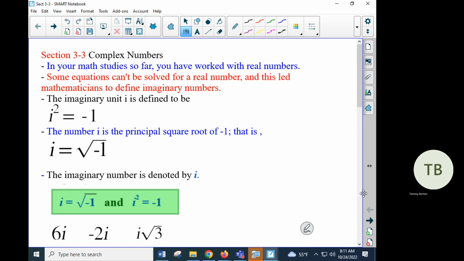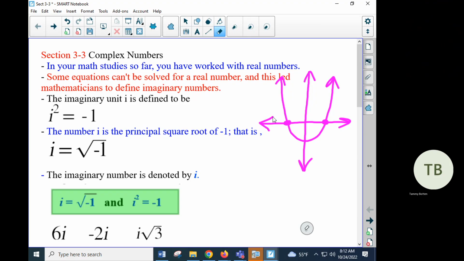So in our number system, we have real numbers and we have imaginary numbers. And imaginary numbers are something that we had to come up with in math to solve equations that didn't have a real number solution. And last week we were graphing things, and we talked on Wednesday last week that when you had something and it asked you to solve the equation, the answers were where it crossed the x-axis.